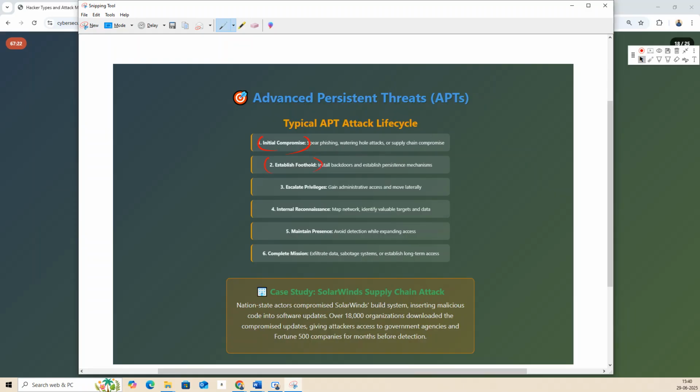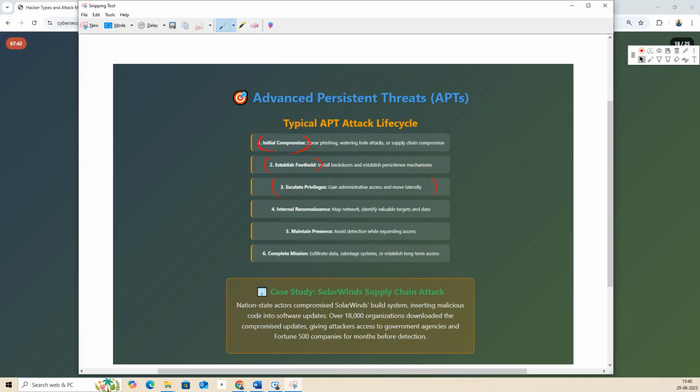Then, establish foothold. Once they have initial access, APTs install backdoors and establish persistence mechanisms. They want to ensure they can regain access even if their initial entry point is discovered and closed.